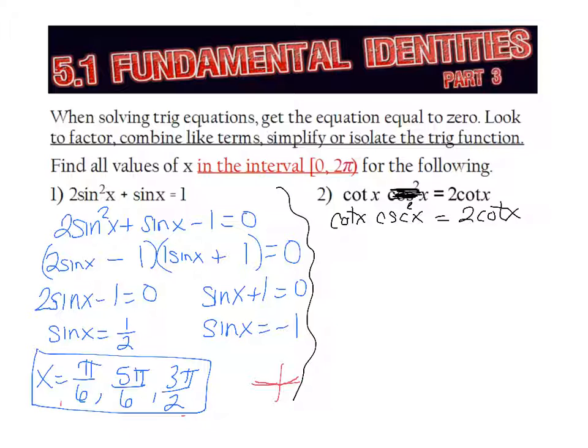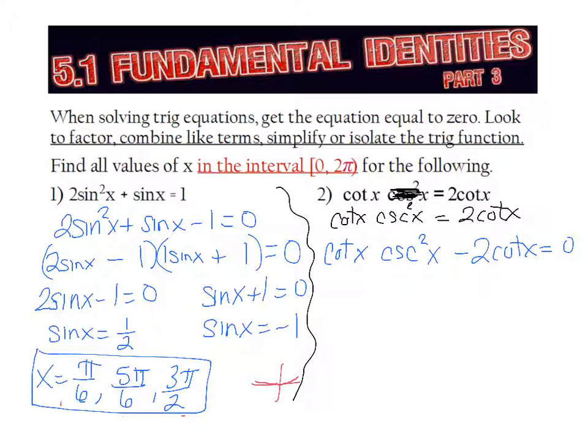Now, on this one, it looks like another where you have a lot of trig functions in there. Let's set this equal to 0 and see if something might factor. When I bring it all over to one side, I can see that this term and this term both have a cotangent x.